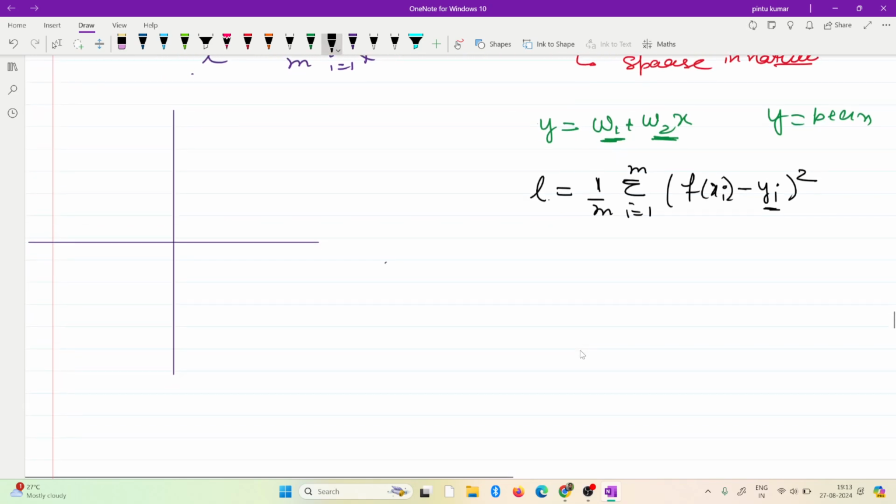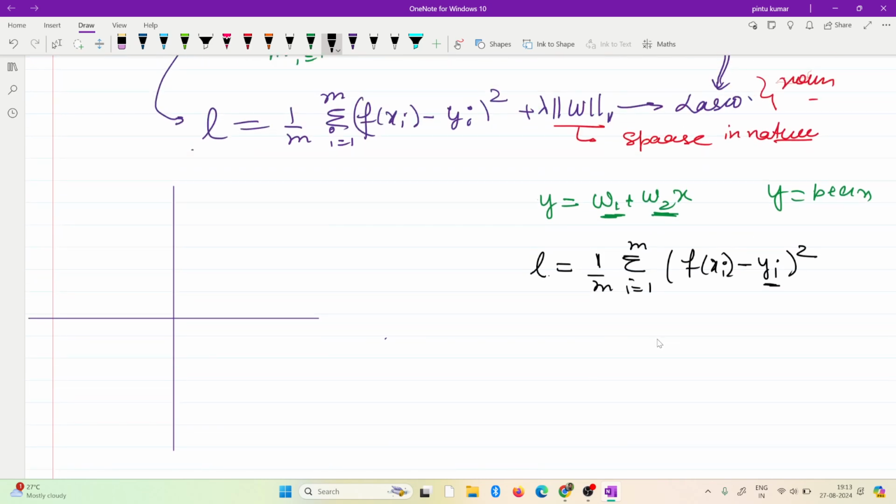Now we want to draw some contours. What I want to do is fix a value of loss. Let's say I fix the loss equal to 1, and I want to plot all the values of W1 and W2 for which my loss is 1. So the contour that I'll draw would be a circle.